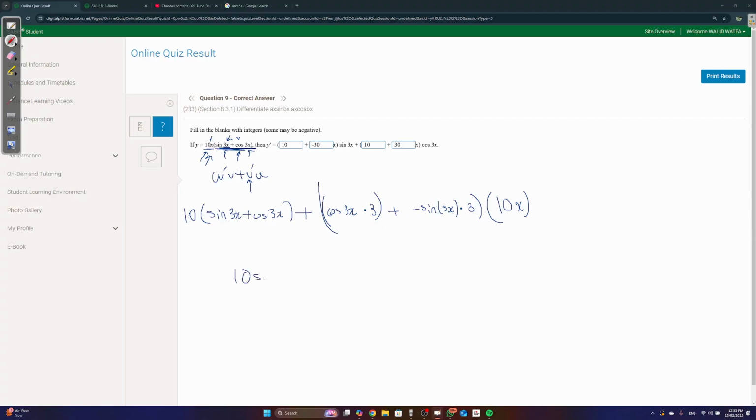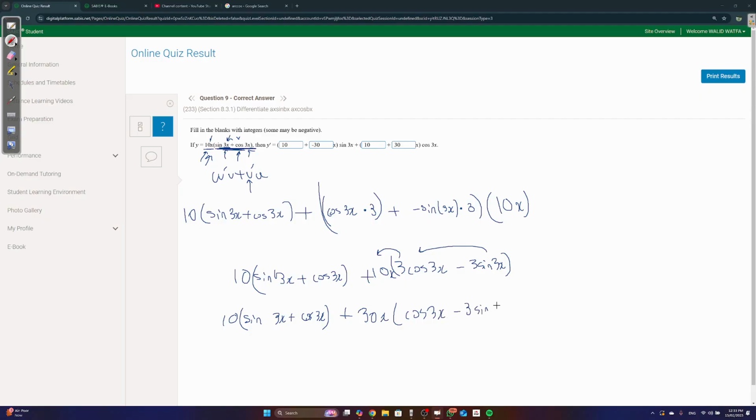You're going to get 10 times the quantity sine 3x plus cosine 3x, plus 3 cosine 3x minus 3 sine 3x with the 10x outside. How do you want to do this? I think we can factor out the 3 and take it outside. So you're going to get 10 times the quantity sine 3x plus cosine 3x, plus 30x times the quantity cosine 3x minus sine 3x.